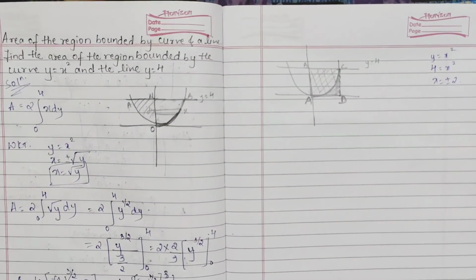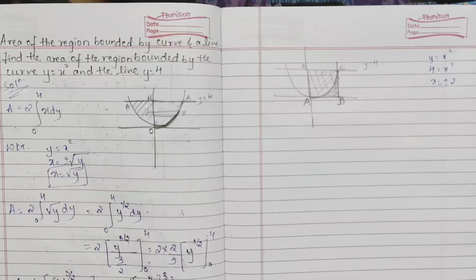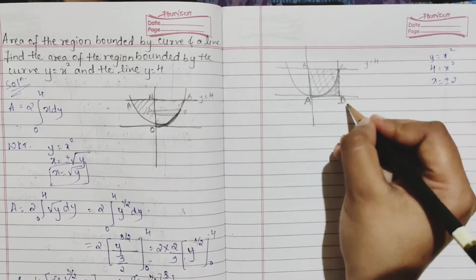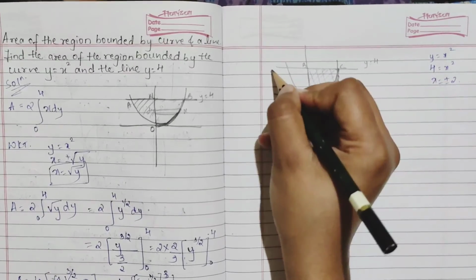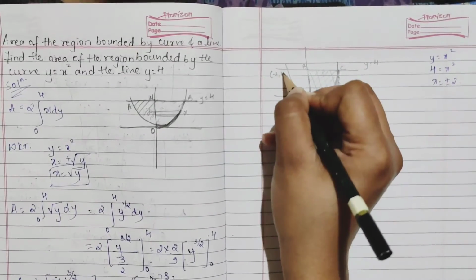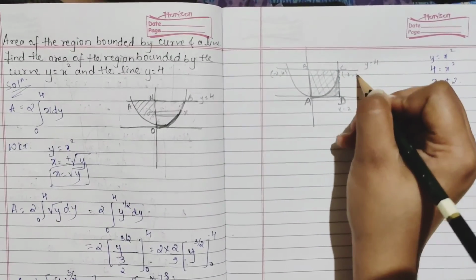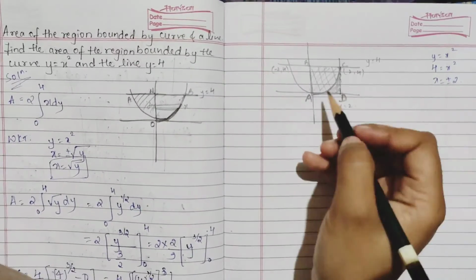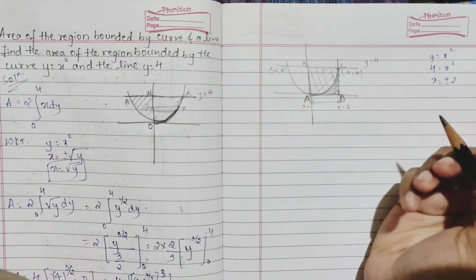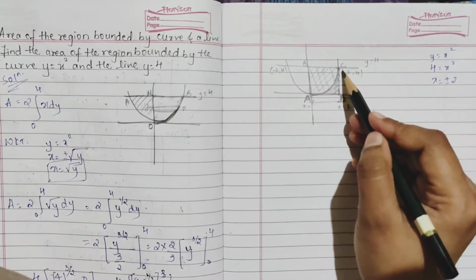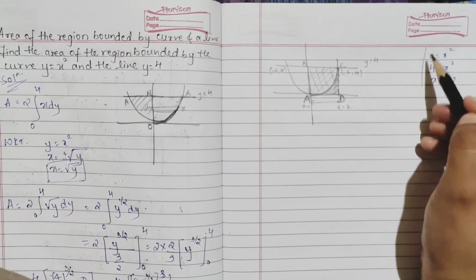Here x is equal to 2, it becomes minus 2, 4 here, and here it will be 2, 4. Here x is equal to 0, the origin. See how we have got your coordinates, plus 2 and minus 2.